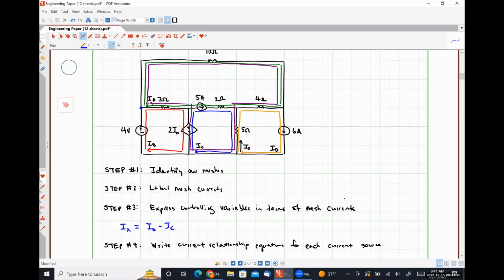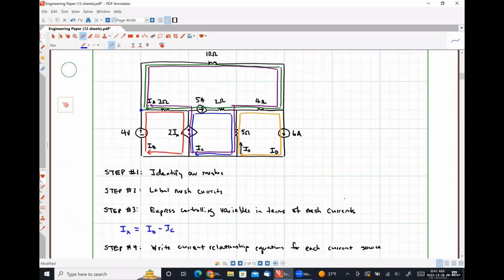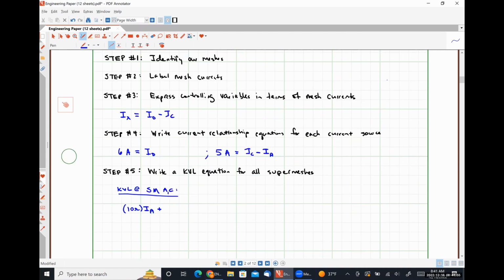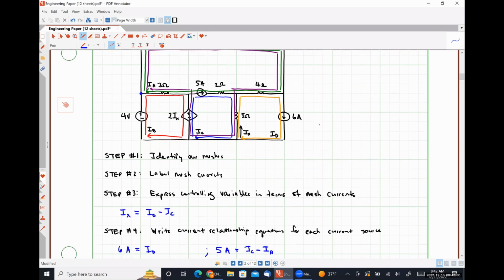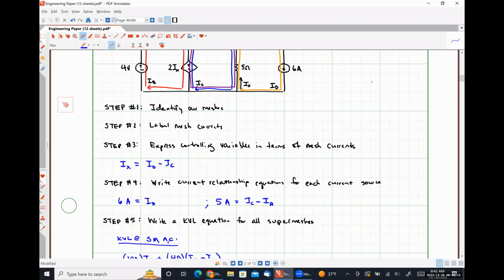What should our next term be? 4 times (IA minus ID). All right. What do we see next following the purple path? 5 times (IC minus ID), absolutely correct.